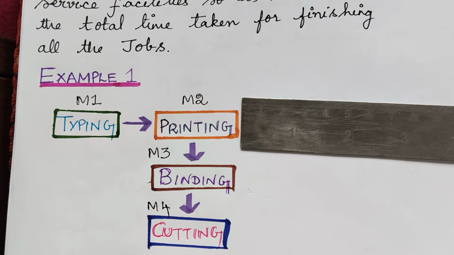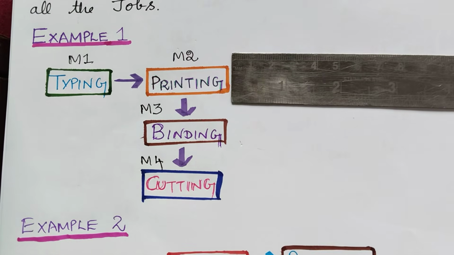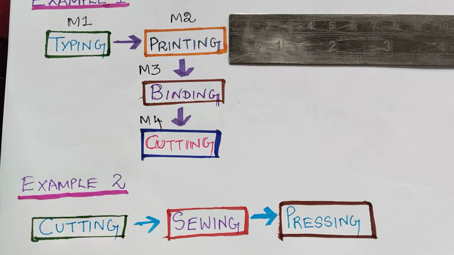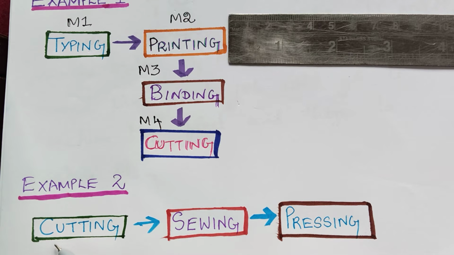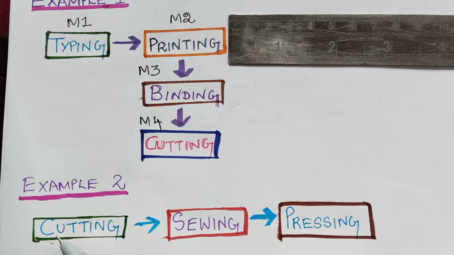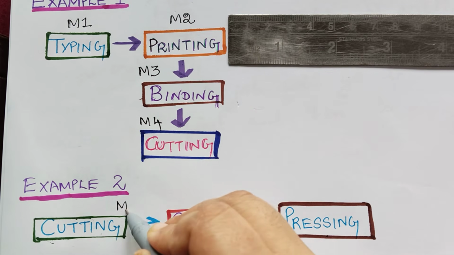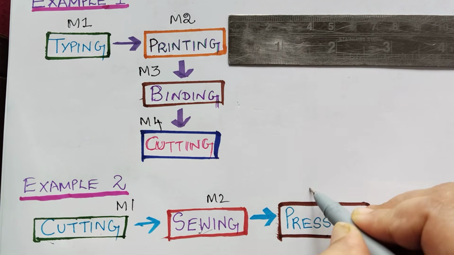We can see another example, the sewing of a cloth, for which we first have to get the material and cut it into the required pieces. So, cutting of the cloth and then sewing and then pressing. This will be done by 3 different machines, M1, M2, M3.